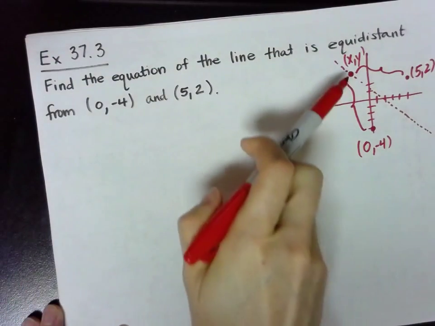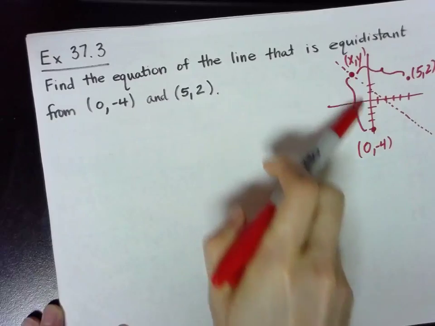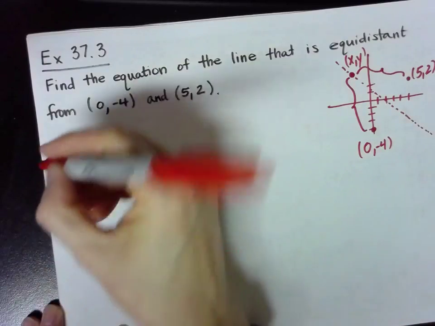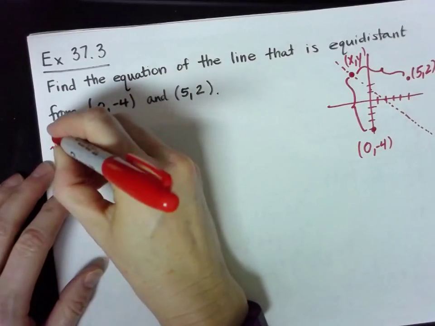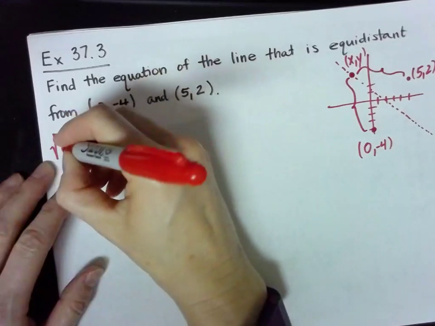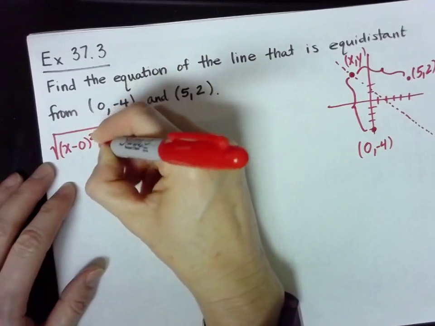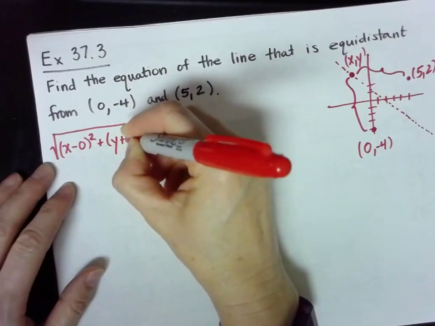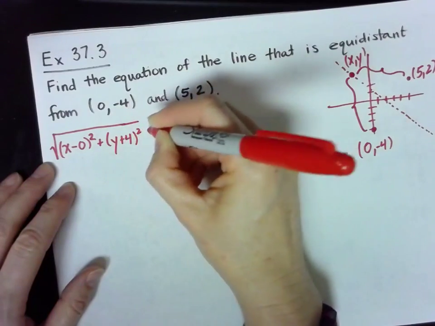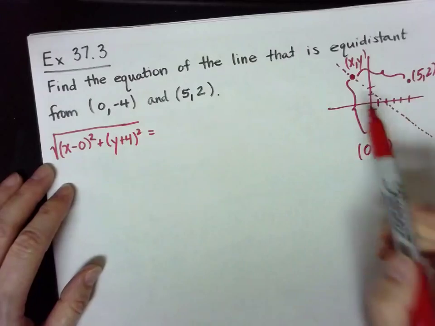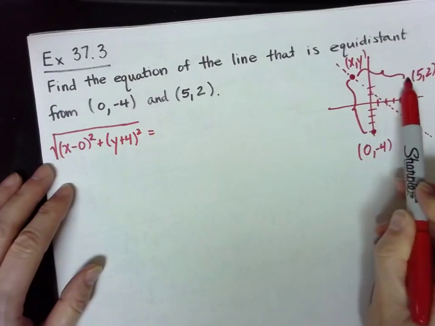Okay, so let's go ahead and do this distance first. That distance will be the square root of (x − 0)² + (y + 4)². And then we'll calculate this distance over here.